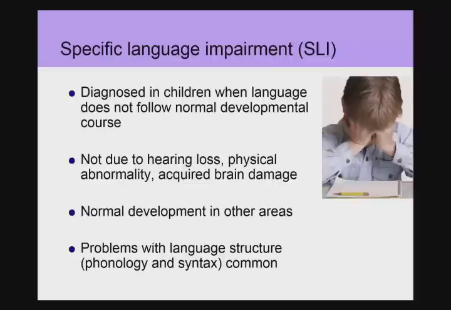The child is, broadly speaking, developing normally in other areas, and in most of these children, the problems are predominantly with phonology, which is speech sounds, getting your speech sounds accurate, and syntax, sentence construction.